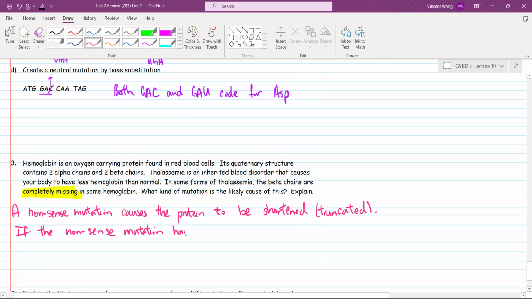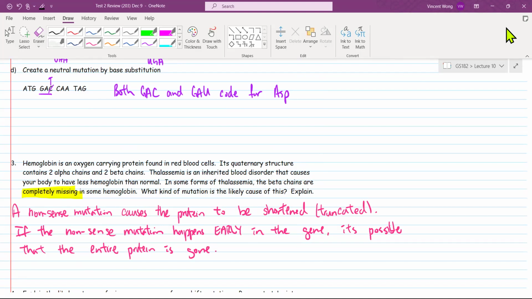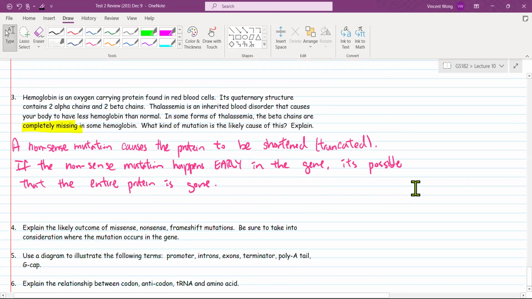If the nonsense mutation happens early in the gene, it's possible that the entire protein is gone, which is what happens in the beta chain here. It happens really early, and you end up not making the protein, and then your hemoglobin is incomplete. That's it.